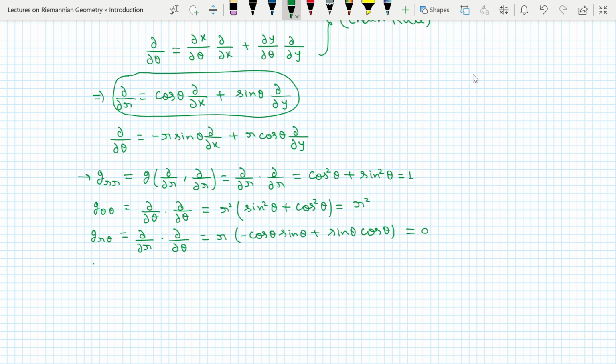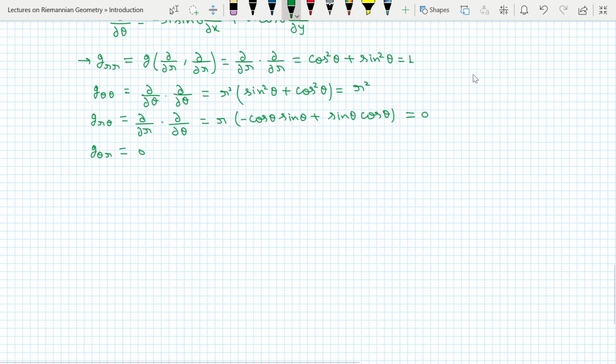These two will cancel out and you will get 0. And again, g_θr is nothing but equal to g_rθ, so this is also 0.